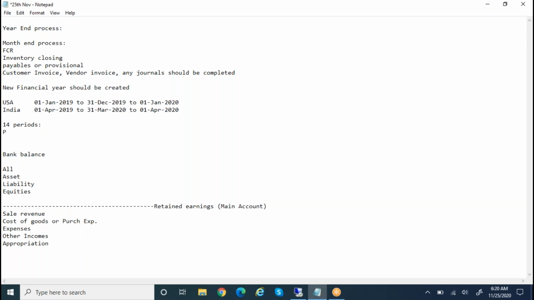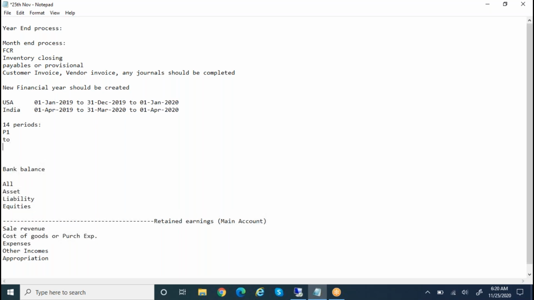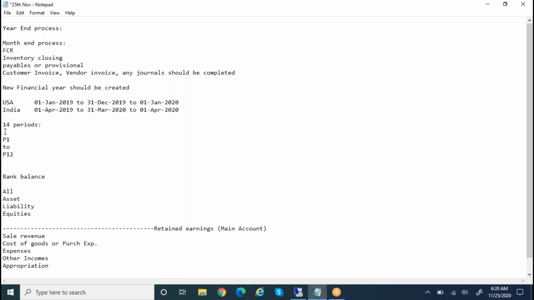Period 1 to period 12 for any financial year. If it is India, it is April, May, June, July, like that, March. If it is USA, it is January to December. 12 periods.